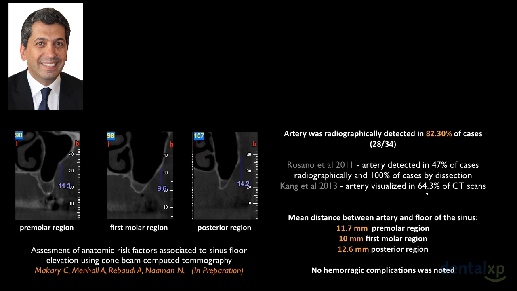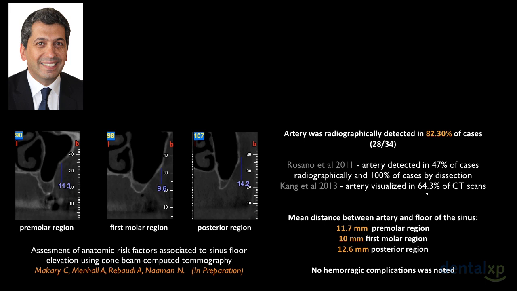In an ongoing radiographic study where we assessed anatomic risk factors associated with sinus floor elevation using CBCT, we at the university tried to detect this artery radiographically, and we detected it in 82% of the cases, which is 28 out of 34 examined sinuses.